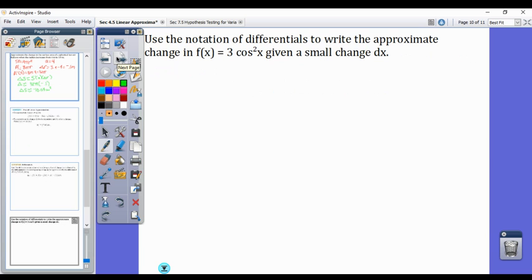All right, so we're going to use the same notation. We're going to say that dy is equal to f prime of x dx.